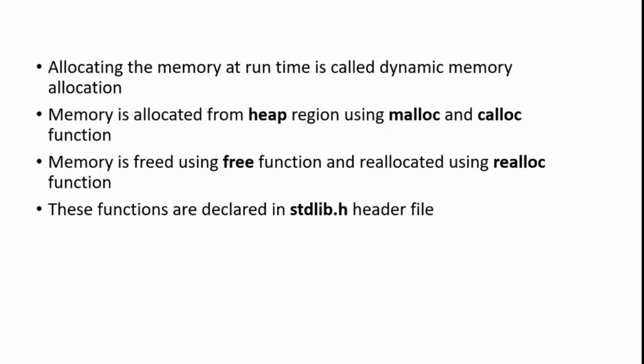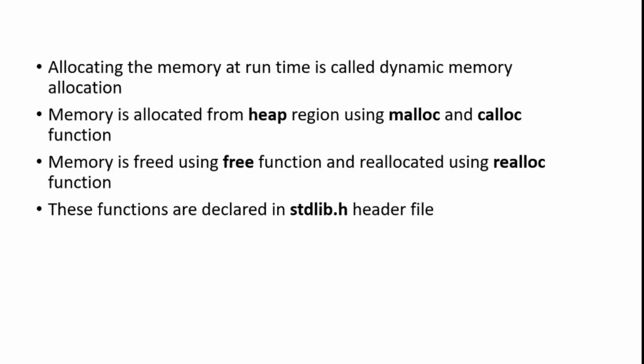When we use an array in a C program, we must know the size of the array. So that is known as compile time memory allocation. But there might be a situation when we want to allocate the memory at runtime. Allocating the memory at runtime is called dynamic memory allocation, and the memory is allocated from the heap region of RAM.